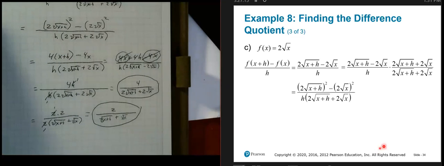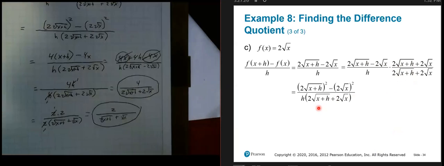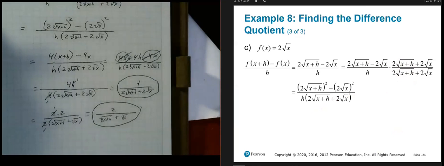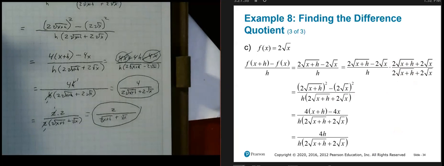And so here they show multiplying by the conjugate of the numerator and denominator. And so they get this thing here, like I got the same thing. Then they squared everything. And then they simplified. They multiplied in by the 4 and then took out the 0.